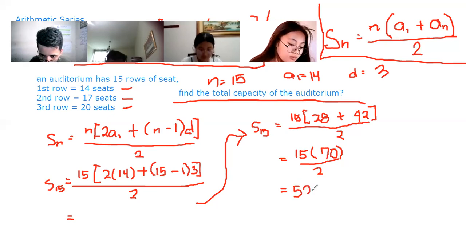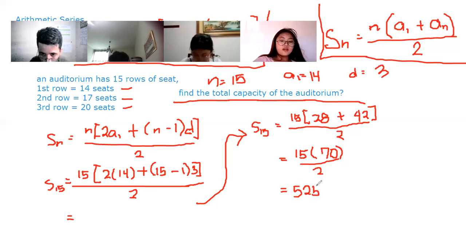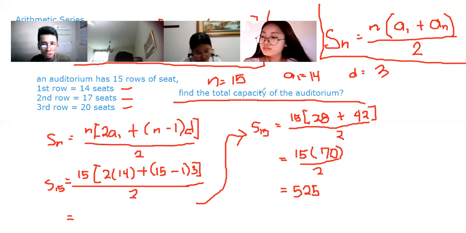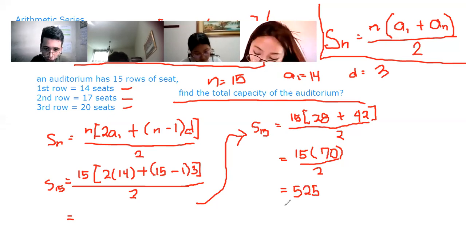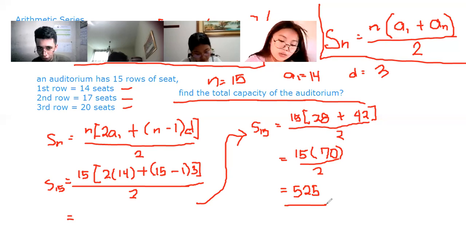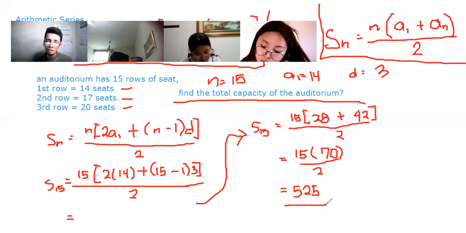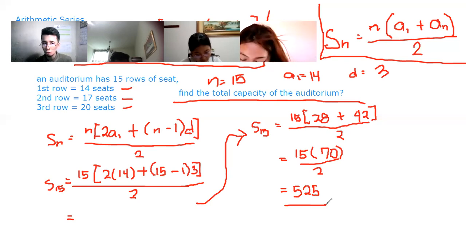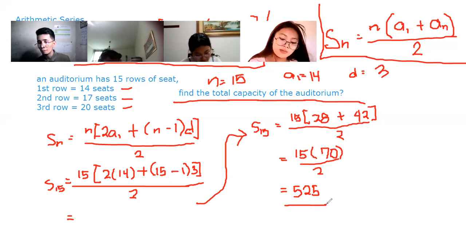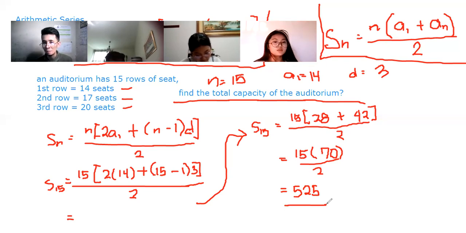So, this will be our answer. The total capacity of the auditorium is 525 seats. Okay? So, unang row 14 seats, pangalawang row 17, pangatlong row 20 seats. Hanggang sa maging 15 rows, kapag pinagsama natin sila lahat, 525. Okay?